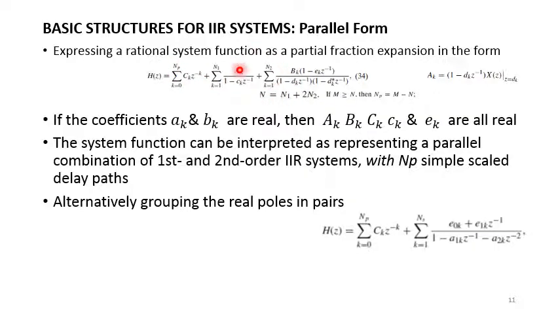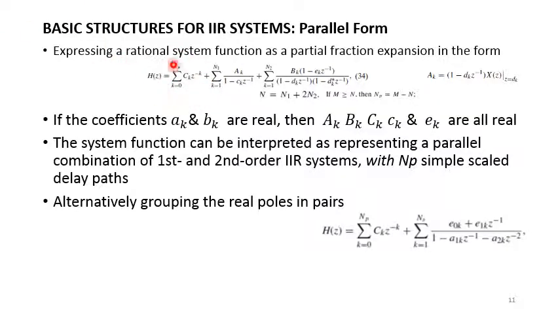I hope you have an understanding of this one, because while doing the z transform we also considered how to express the partial fraction expansion. I will not go into much detail here because we gave a lot of time to it there. So that's the expression for the system function in terms of partial fraction expansion.